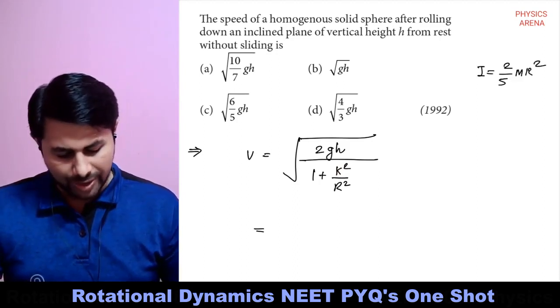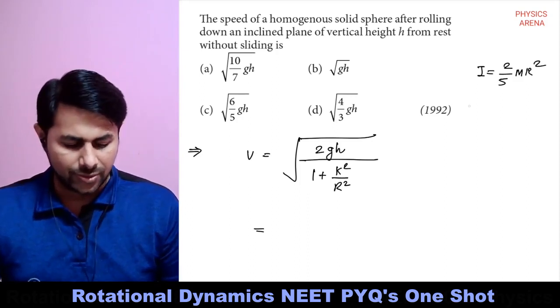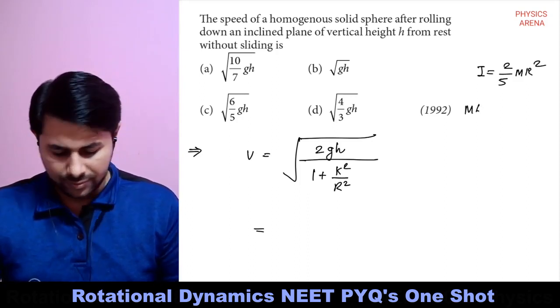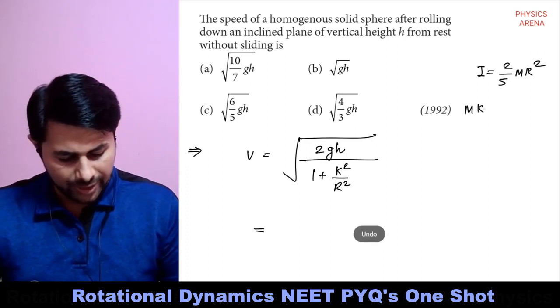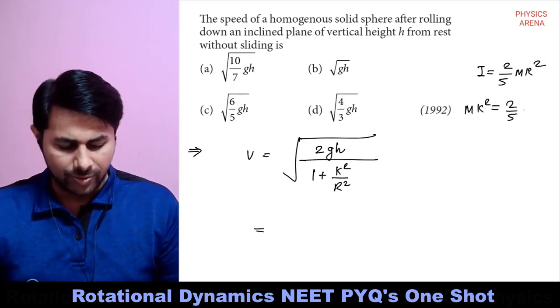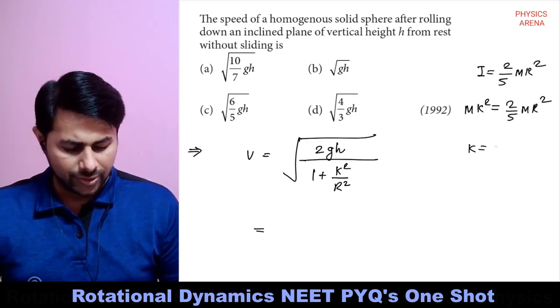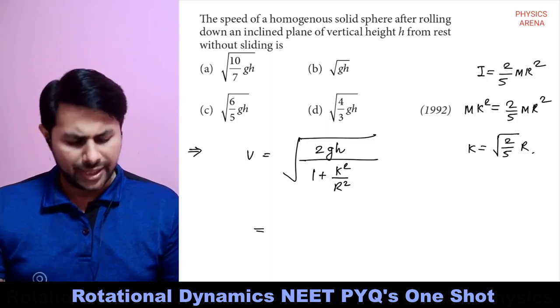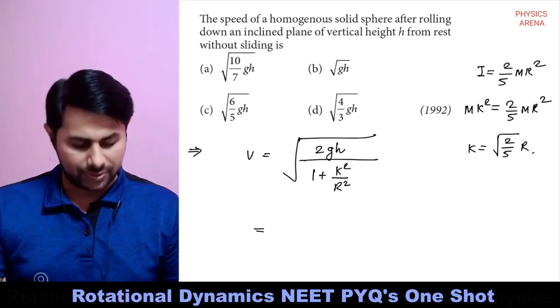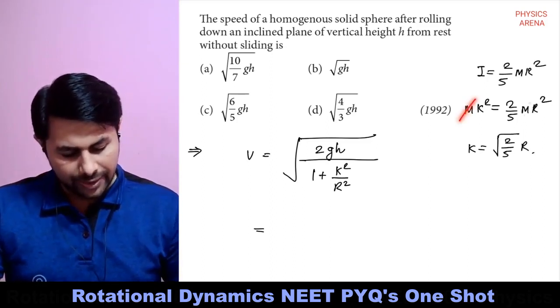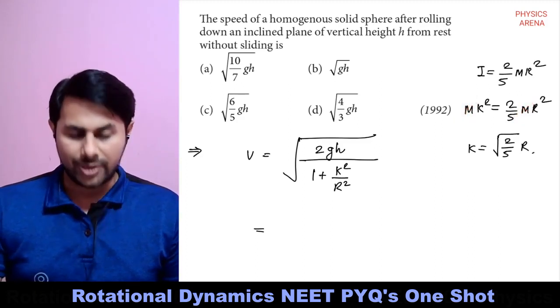And therefore k will be equal to what? If you equate this to mk square, then mk square is equal to 2 by 5 mr square. You can find out k. So k will be equal to square root of 2 by 5 r, or k square equals 2 by 5 r square, because this m and m will get cancelled for a solid sphere.